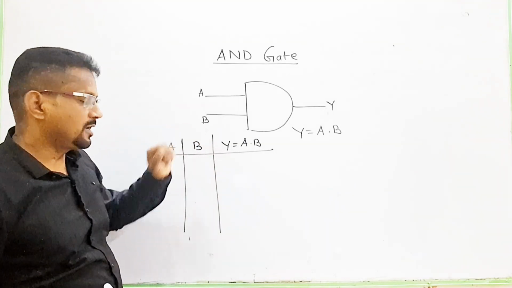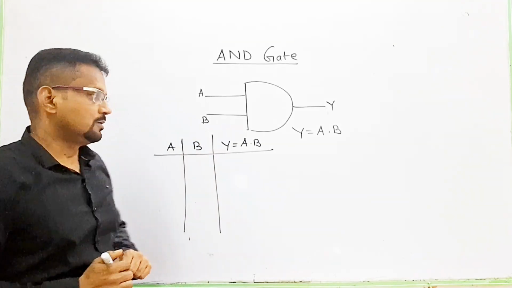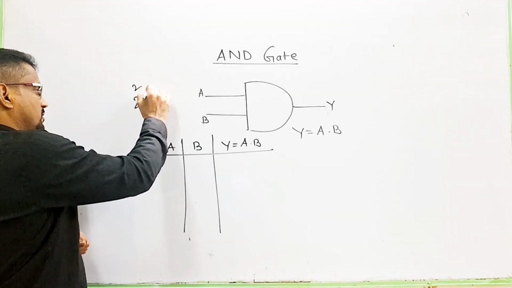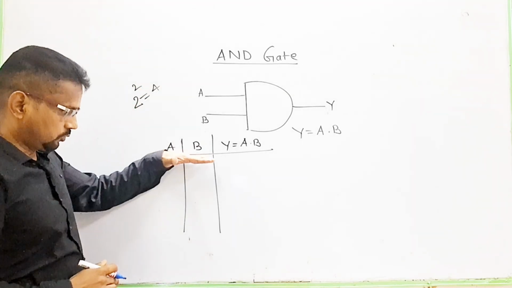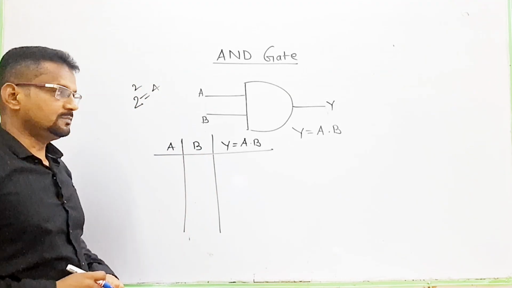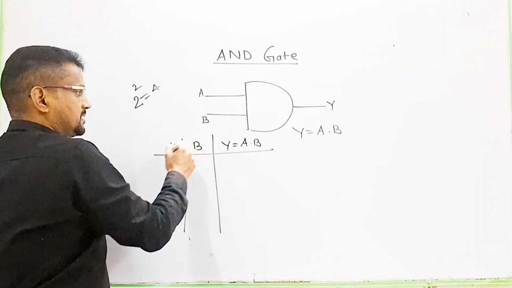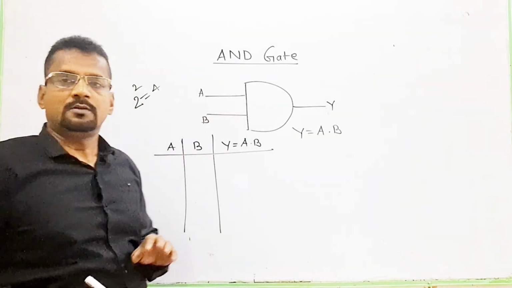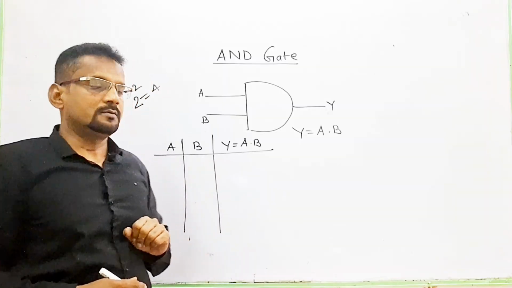How many inputs are given? Two inputs, so 2 squared equals 4 rows. If there is one more input, say C, then 2 cubed equals 8 rows.